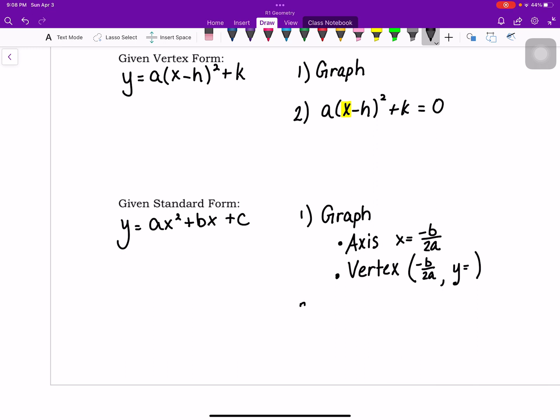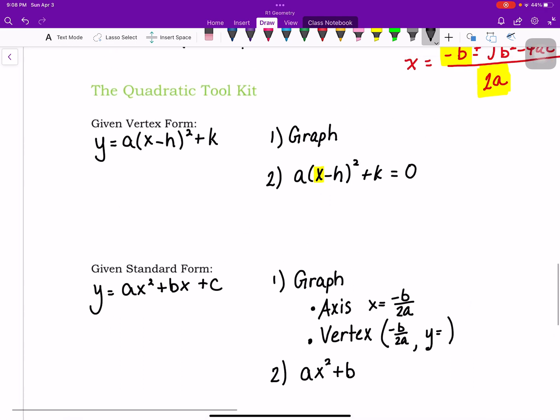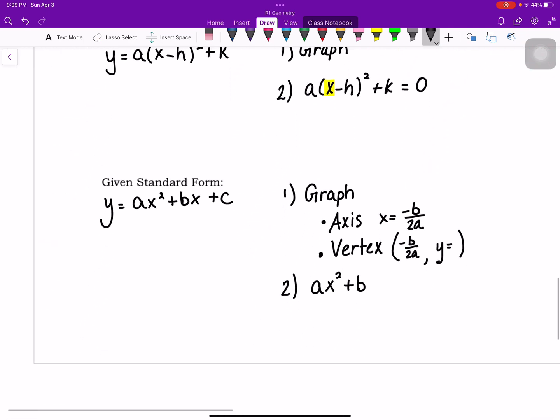Now the second thing we can do, if you have this and you're trying to find your x-intercepts, the solutions, the zeros, whatever we want to call them, is that we've actually got more than one option. One, we might be able to factor.